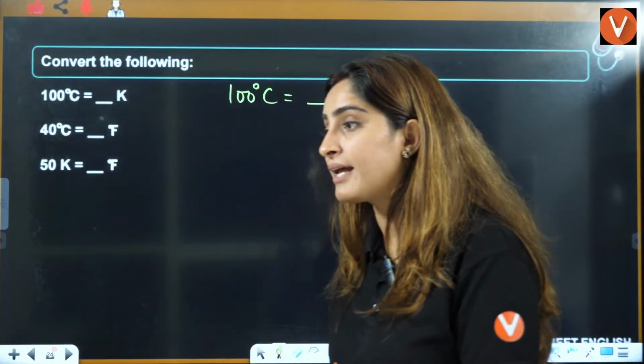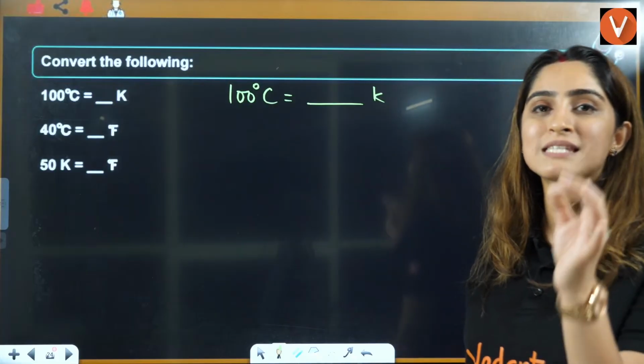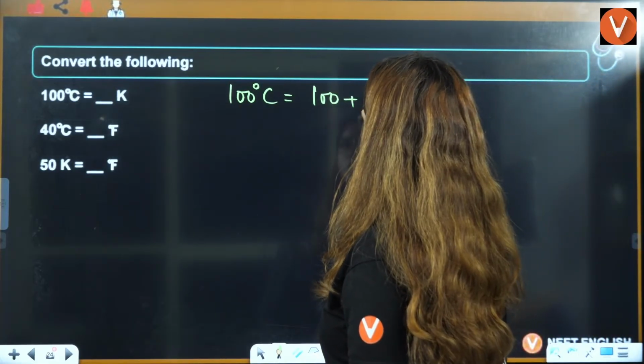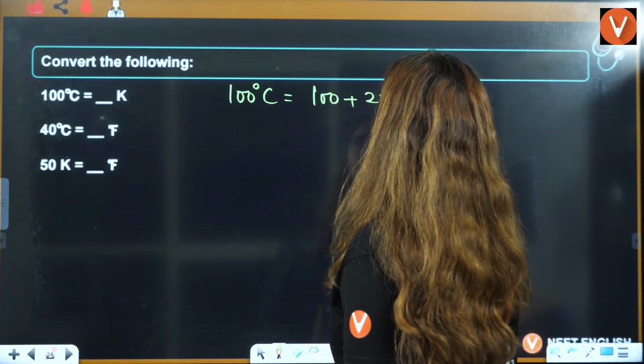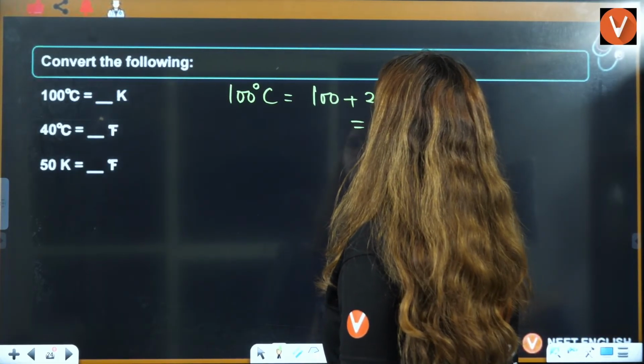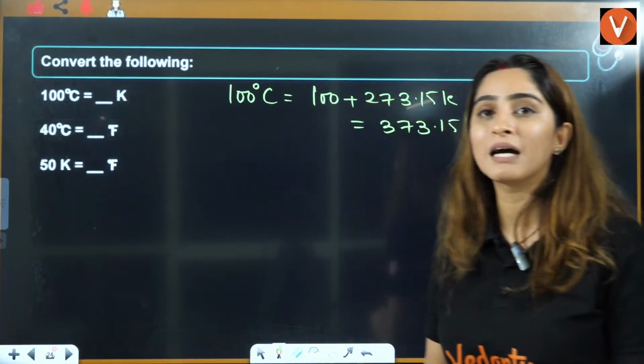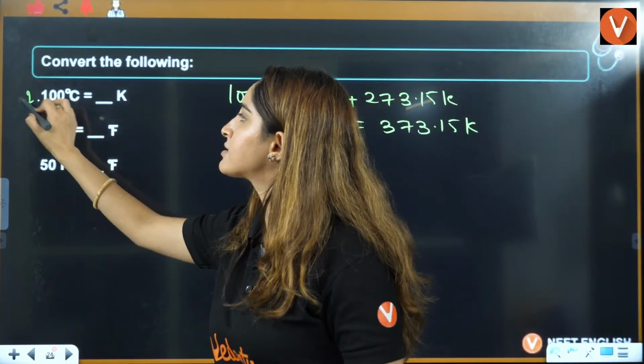All you have to do is add 273.15. So I'll just add 100 plus 273.15 Kelvin. So the answer will be 373.15 Kelvin. That is your correct answer for the first one, right?